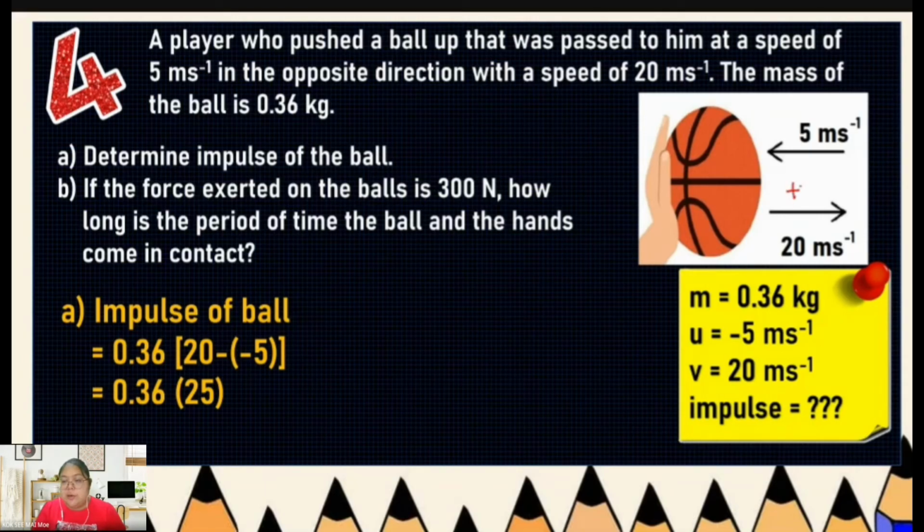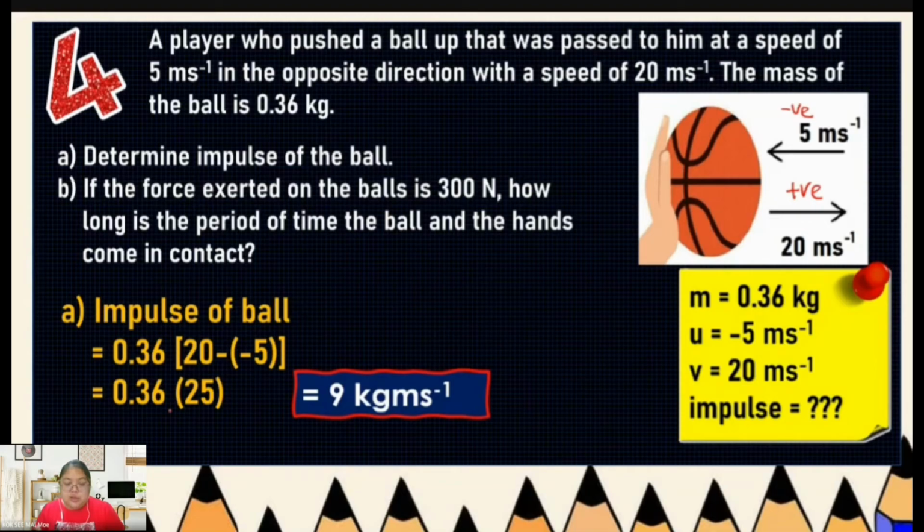So we take this one positive, this one negative. So they become 20 minus minus becomes plus. So 0.36 multiplied by 25. The final answer is 9 kg m s^-1. Sometimes you can write the impulse unit as newton second, also can. Newton second, or you write kg m s^-1.